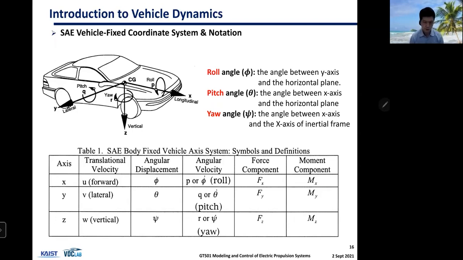This figure shows XYZ coordinates fixed on the body, the vehicle, and X is the forward direction, the longitudinal direction. Y is the lateral direction, and Z is the vertical direction. There is another coordinate system which considers Z into the upper direction, but we are going to keep it this way.